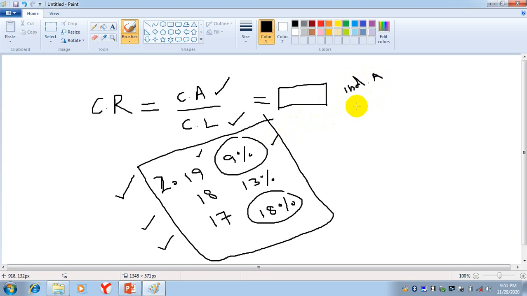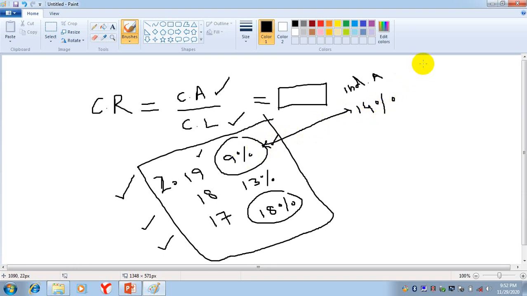So we got some ratio. Suppose the industry average in 2019 is 14%. Ours is 9%, and industry average is 14%. So we are below industry average. So this is called external comparison, comparing your ratio with the whole industry average.